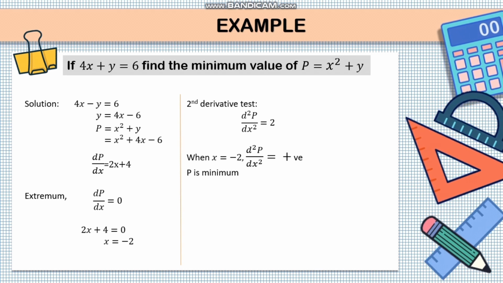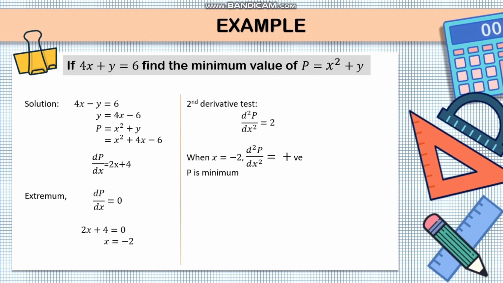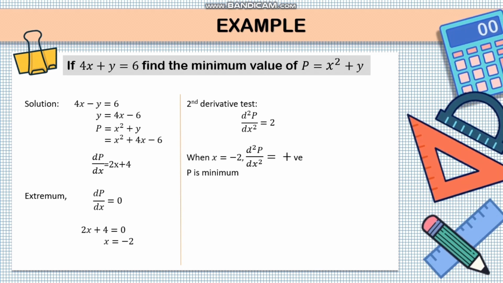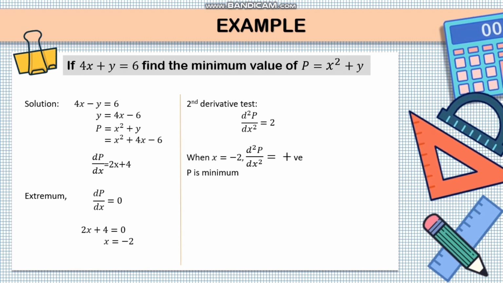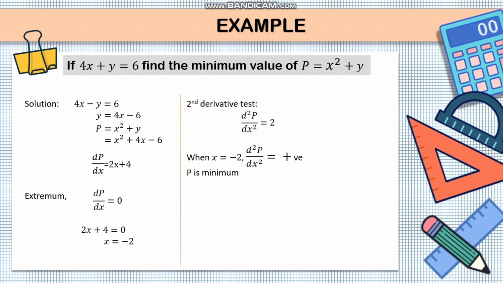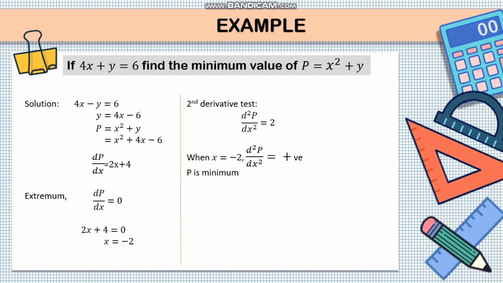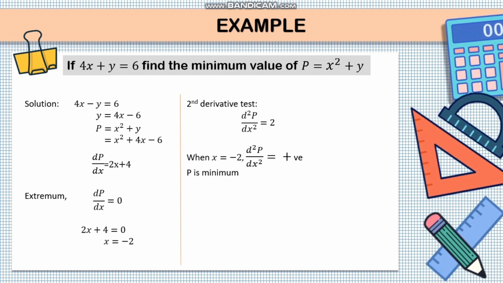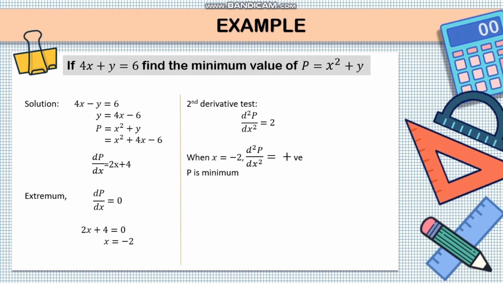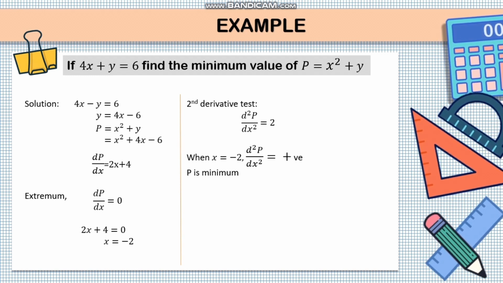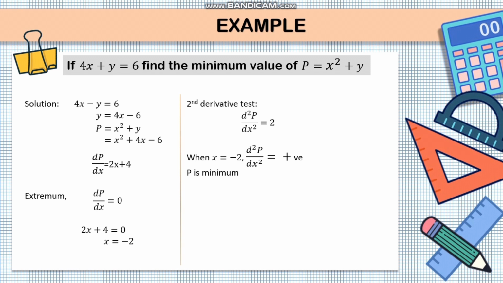Differentiate 2x, we will get 2, and differentiate 4, we will get 0. So the value is 2. 2 is more than 0, and it is positive. Therefore, p is minimum. That's right, it's the same just like the question above.